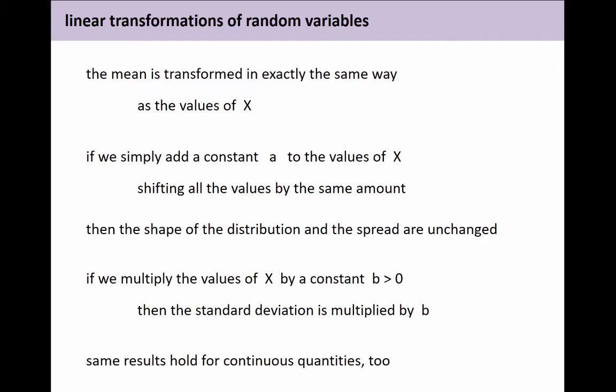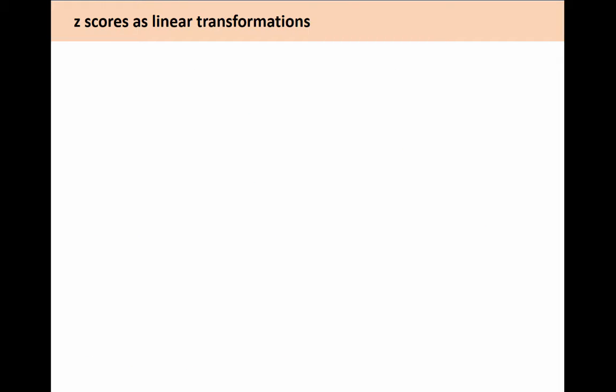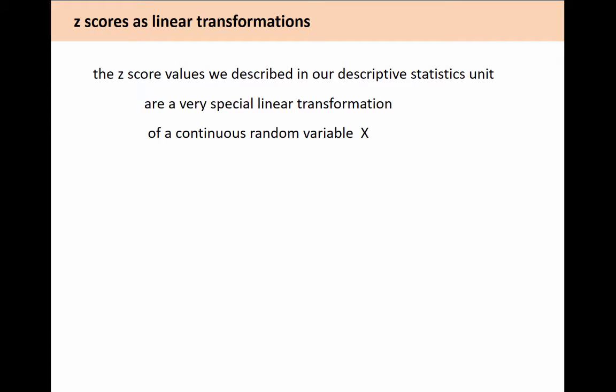So finally, we want to go back to the z-scores we introduced quite informally in week 1 and talk about z-scores as a very special case of linear transformations. This is important for continuous random variables, and we'll be using this a lot in our material for the rest of the course.